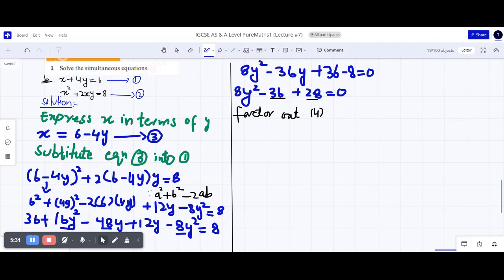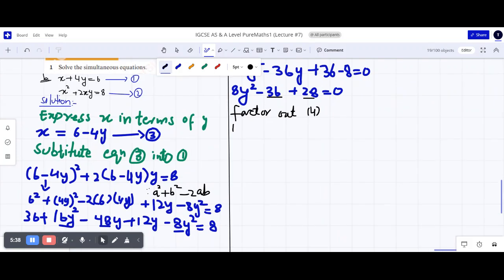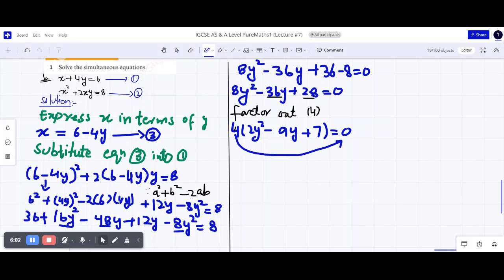When we factor out the 4, we get 4 into 2y squared minus 9y plus 7 equals 0. Then we shift the 4 to the other side, where 0 divided by any value is 0.